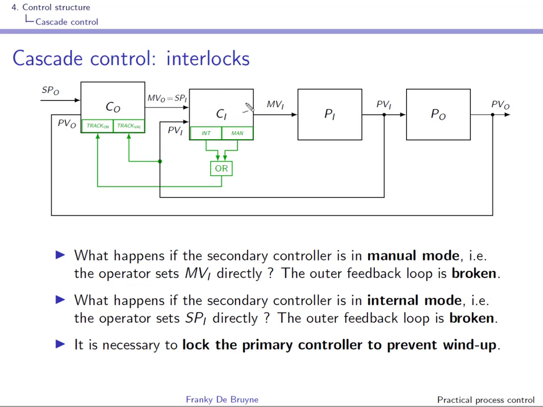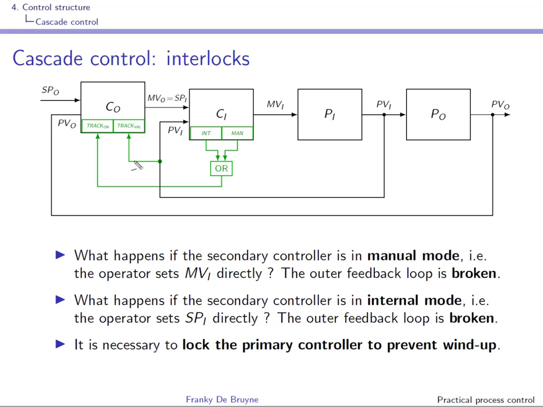So when this controller goes to internal or manual mode, this one will be locked, and that will prevent the output and the outer MV here from ramping up, from being integrated to a very large value or to a very negative value.